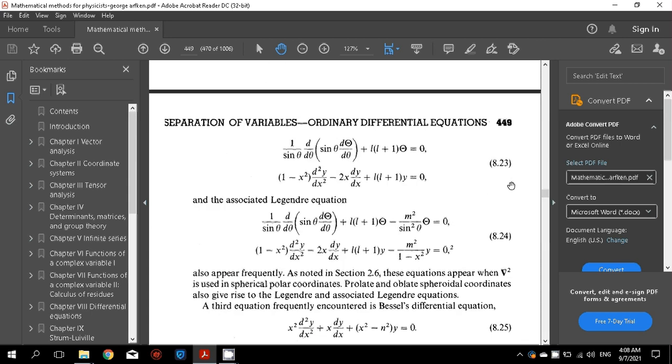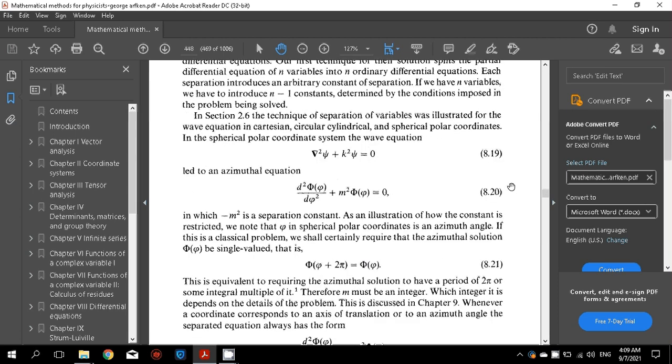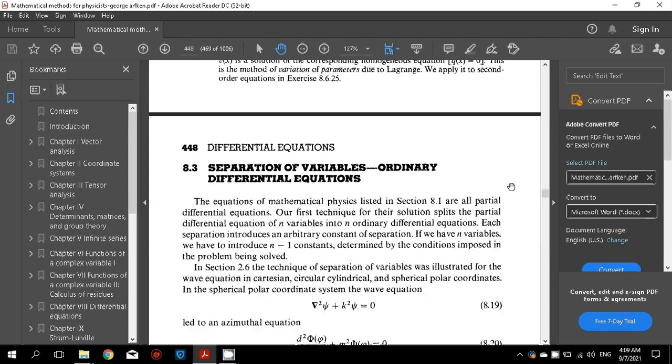So the solution of partial differential equations, particularly of second order, is a very important topic which we must study.